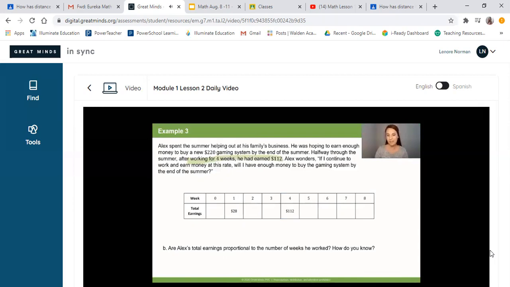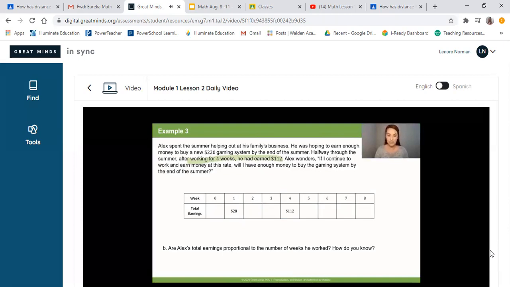Could these points be related to the unit rate? If we divide $112 by 4 weeks, we see his rate is $28 for every 1 week.